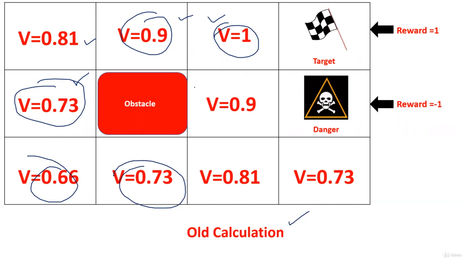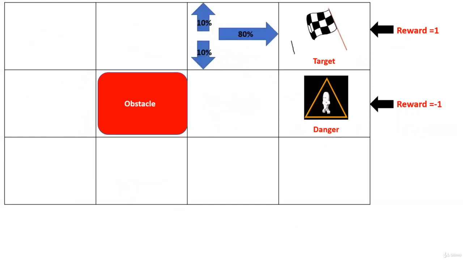This value is 1 right now. This value is 0.9, and it is bumping into the wall, so the wall has 0 reward. So we have to multiply 1 with 0.8, and 0.9 with 0.1.